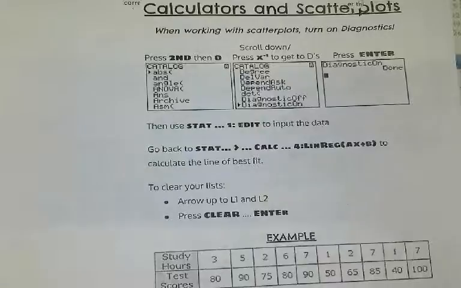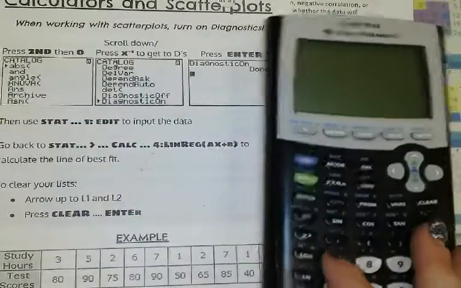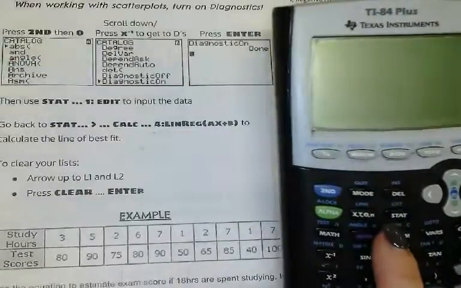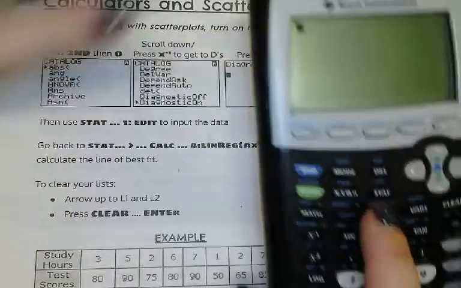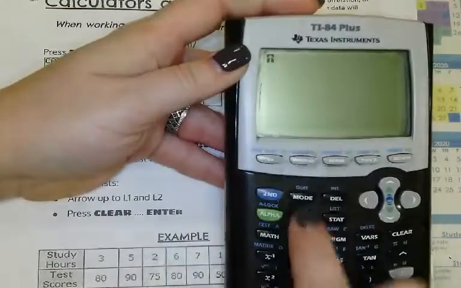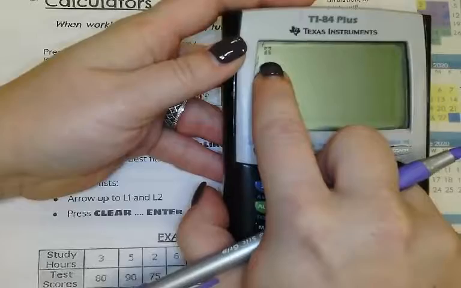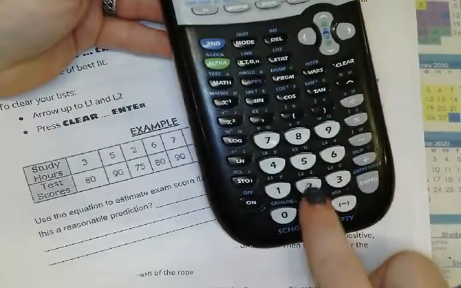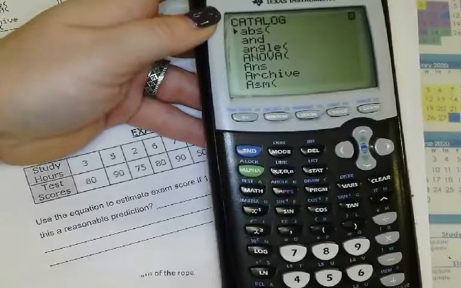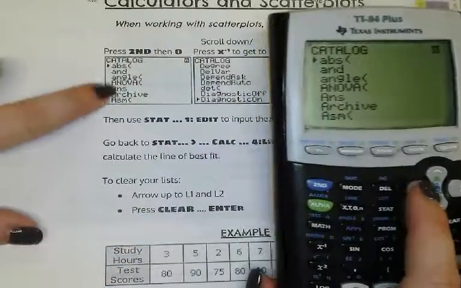So to get that number, you have to turn your diagnostics on. I've put the instructions on your note sheet, but on your calculator, it says to hit second and then 0. That's the blue button, and you'll get the little blinking arrow, and then hit the 0 on your calculator. Then that will give you the entire catalog.